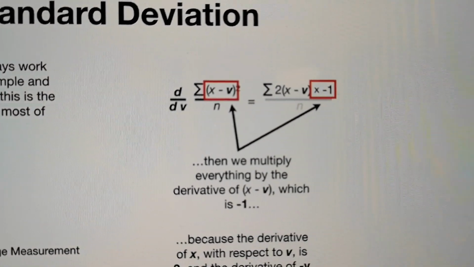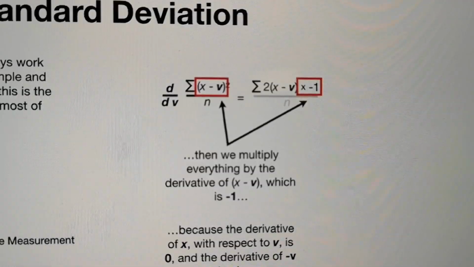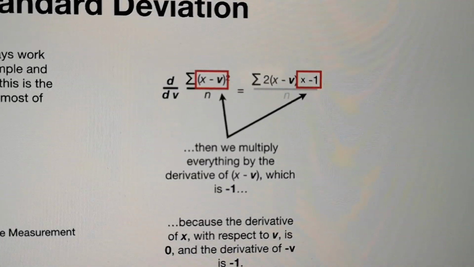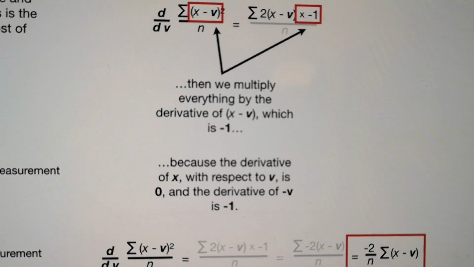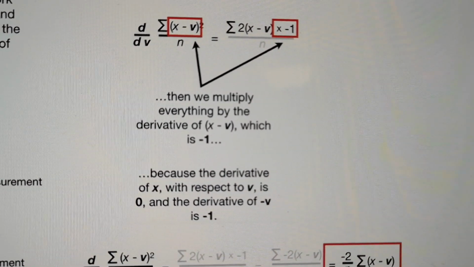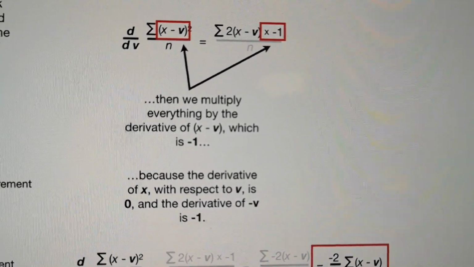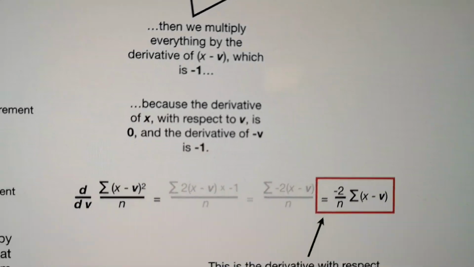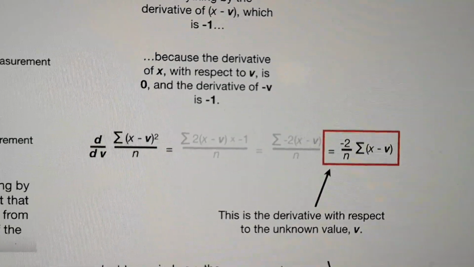Then we multiply everything by the derivative of x minus v, which is negative 1. The derivative of x with respect to v is 0, and the derivative of minus v is minus 1. Here is a formula for how to get the derivatives.